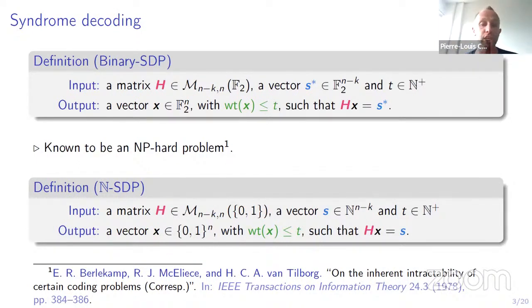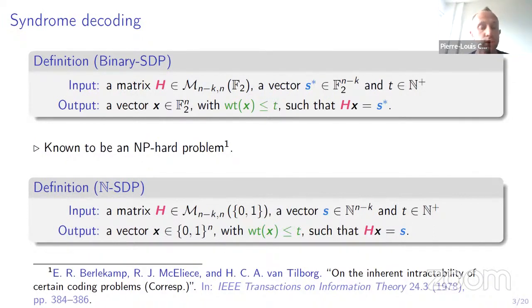So you have a matrix H, which is also binary, but I will not see it as a binary matrix, just a matrix with elements which are 0 or 1. A vector S, which is an element of N to the n minus k. And we always have this t value, which is the Hamming weight, which means the number of non-zero values of a vector x of {0,1} to the n.